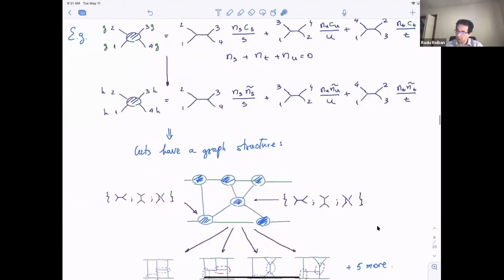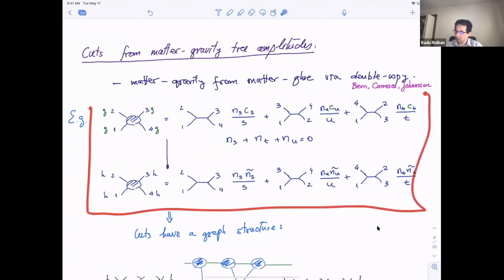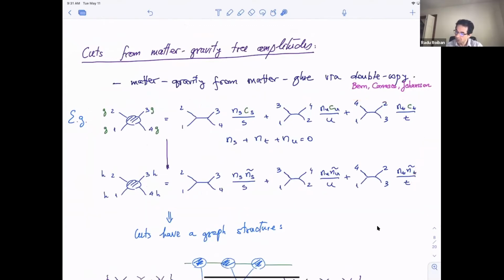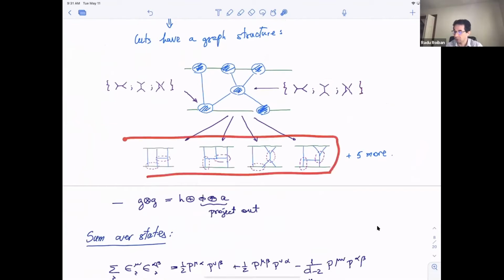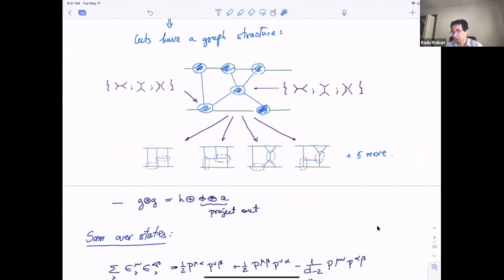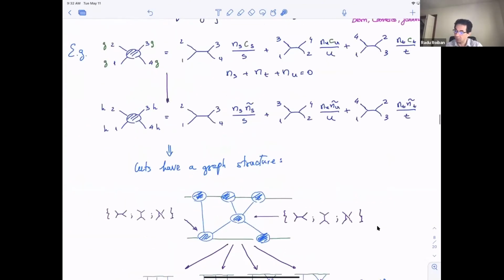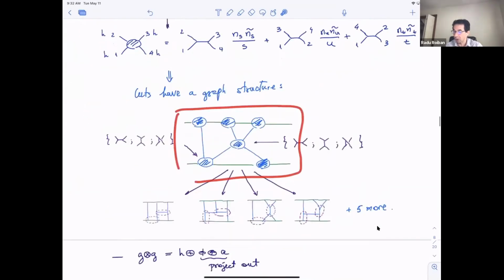However, if one uses this double copy construction for 4-point amplitudes, one already knows that in here and in there is a sum of 3 graphs. So just expand all of these, and here are some examples of what you get. There are 3 here and 3 there, so you get 9 graphs. And each of the circled propagators represents one of the graphs buried in here. So by just using this form of the 4-point amplitude, this cut is already organized in terms of graphs.